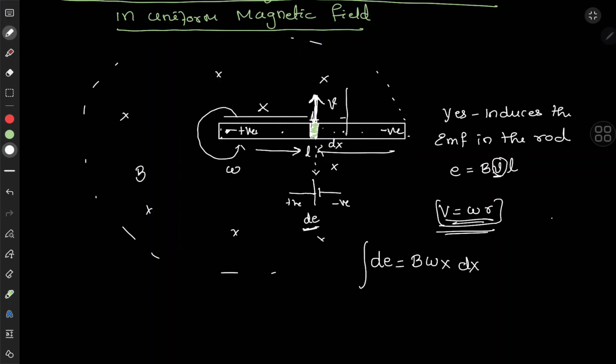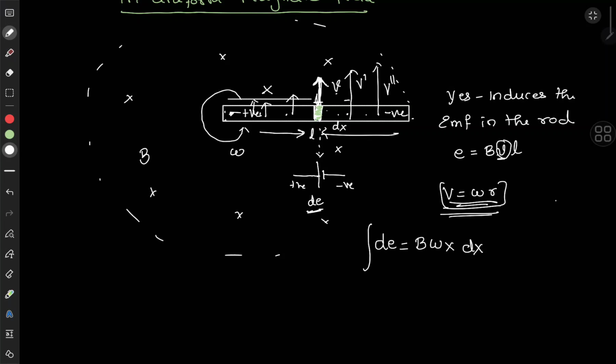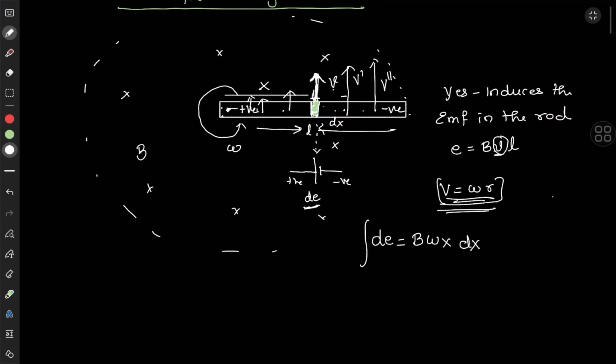If you calculate here, the velocity is a bit more, this is v dash, and further out it is even more. If you go near the center the velocity is decreasing, and if you go away from the center the velocity is increasing. Since velocity is increasing, the induced EMF also increases, because induced EMF is directly related to the velocity.